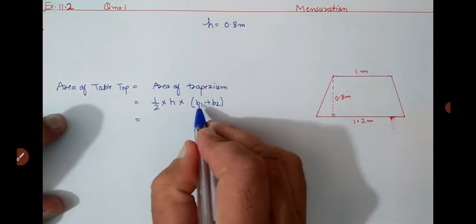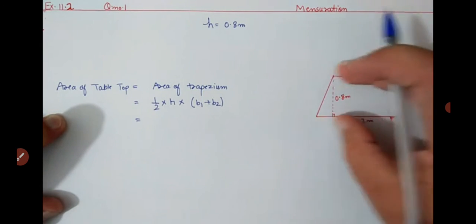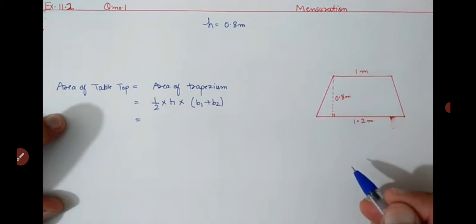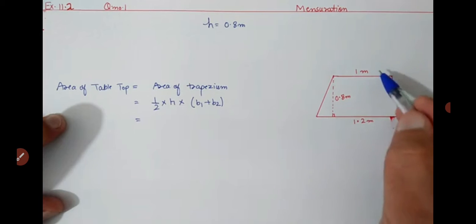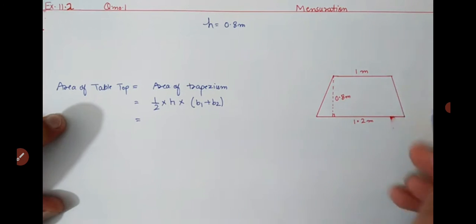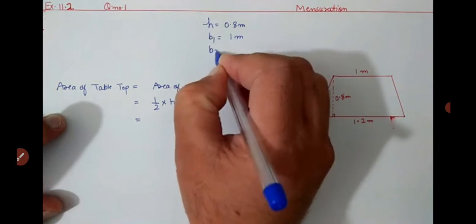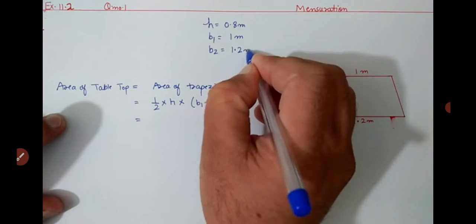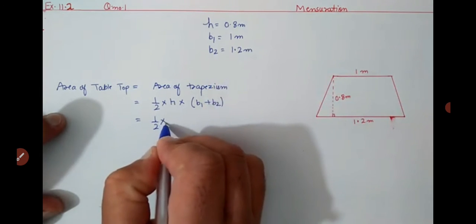Okay, and b1 here is 1 meter and b2 you can take as 1.2 meter. Okay, understand? So you can add them, 1 meter plus 1.2 meter. Okay, b1 is equal to 1 meter, b2 is equal to 1.2 meter. So you can write it 1 by 2 into h.